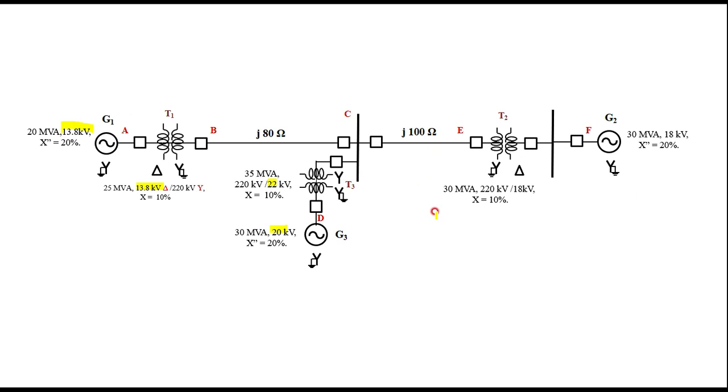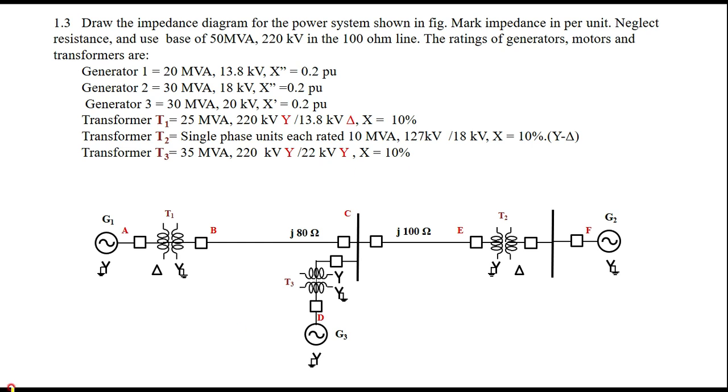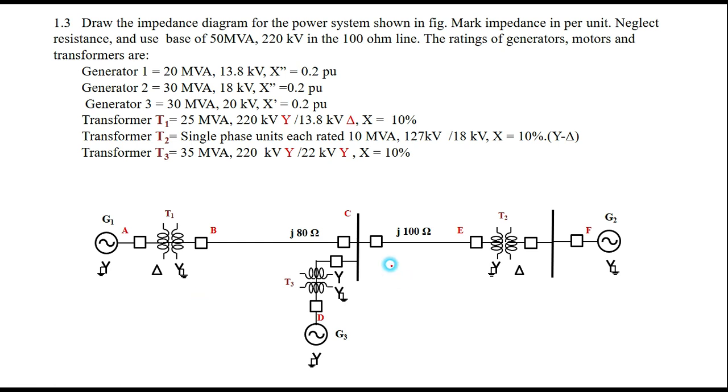The important thing is that transformer T2 is a single phase unit. Then how to convert it for three phase? I will do that here. This is one side of the transformer T2. The T2 rating given is 10 MVA, one side is 127 and the other side is 18 kilovolts.